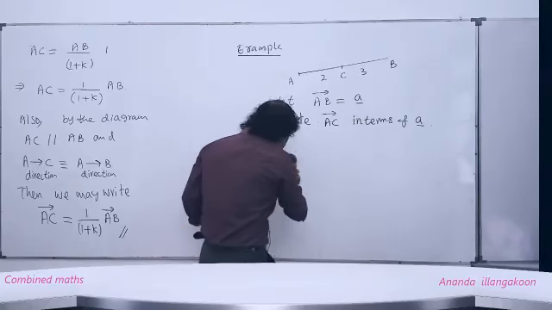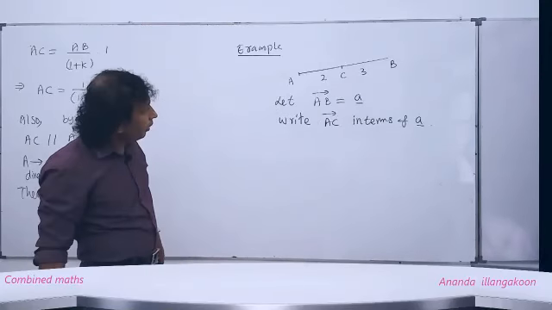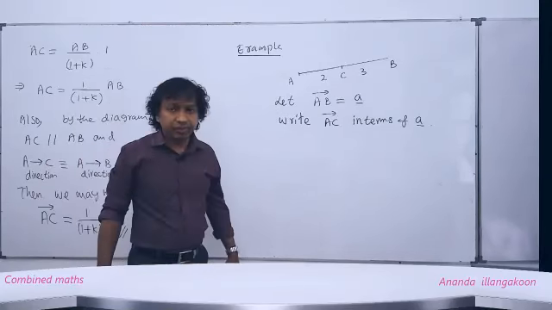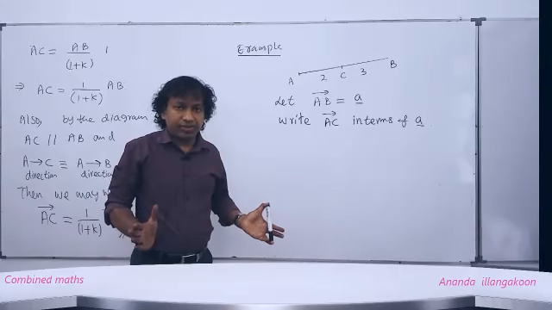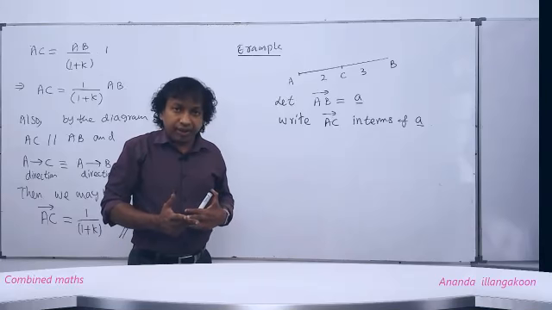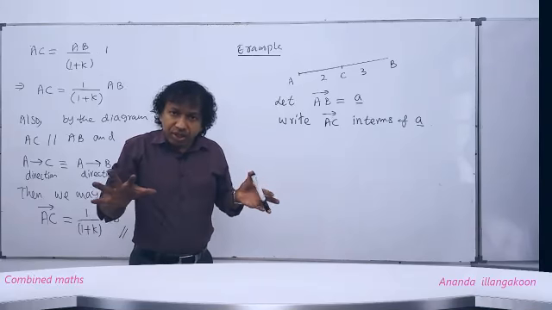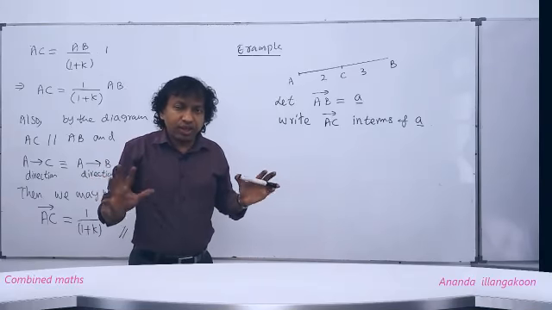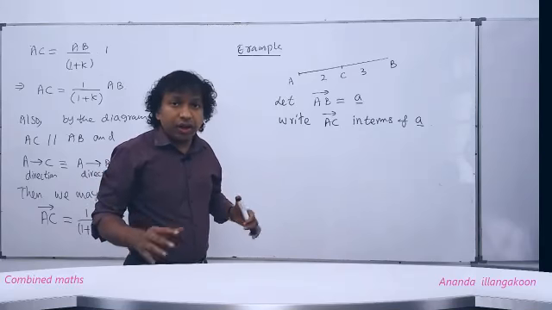Then how to write? AC, AB are on the same line segments. They are parallel. Directed direction is also the same when you move away from A towards B and C. Now the only thing is we have to match the equality of AC and AB. Then how to write, people?